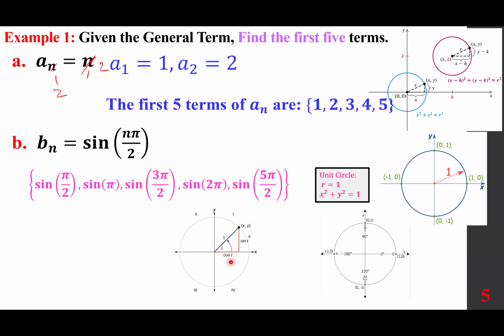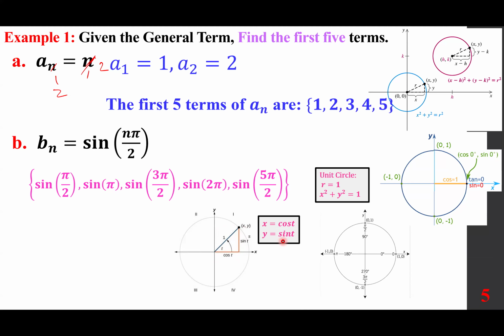The adjacent is the x coordinate of the point, and the hypotenuse is 1, so x over 1. Whereas the y coordinate: sine of this angle is the opposite side, which is the y, over the hypotenuse, which is 1. That's why x represents cosine, y represents sine.